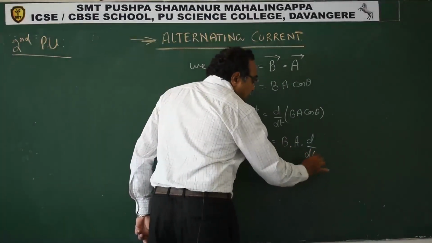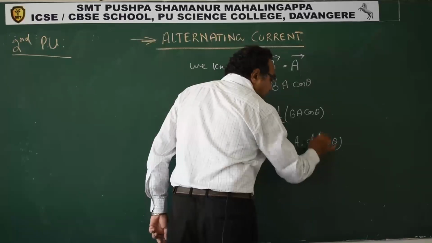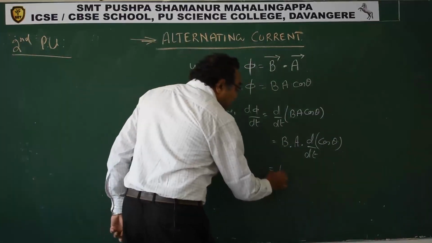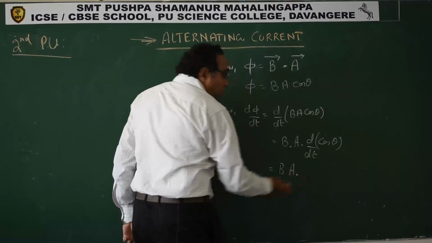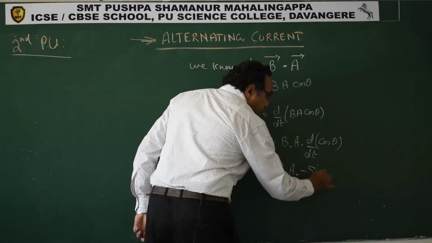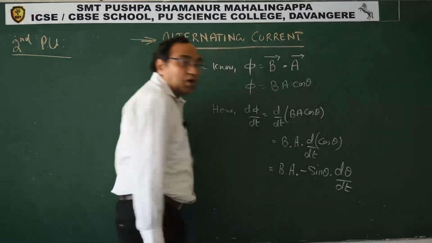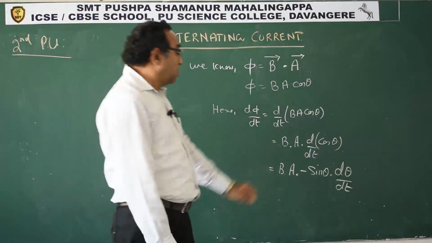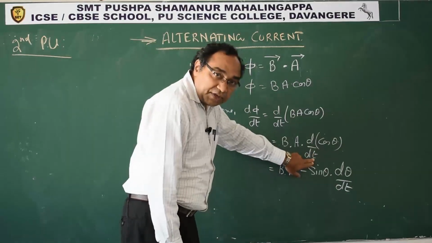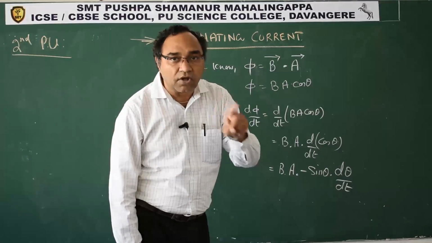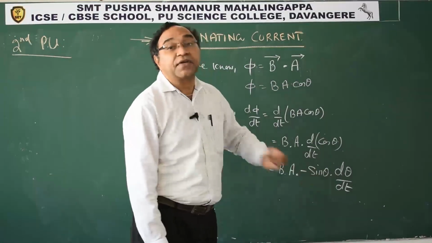The derivative d by dt of cos theta, what will that be? It is B A, cos will give us minus sin theta, and d theta by dt will come, because you will apply the chain rule, because here the variable is t and here the variable is theta. You cannot simply write minus sin theta.